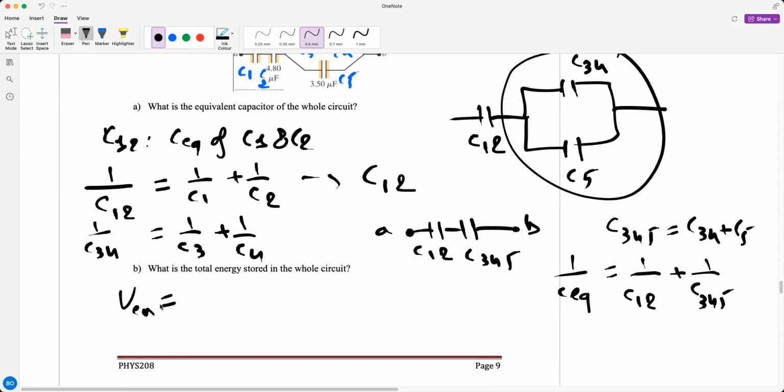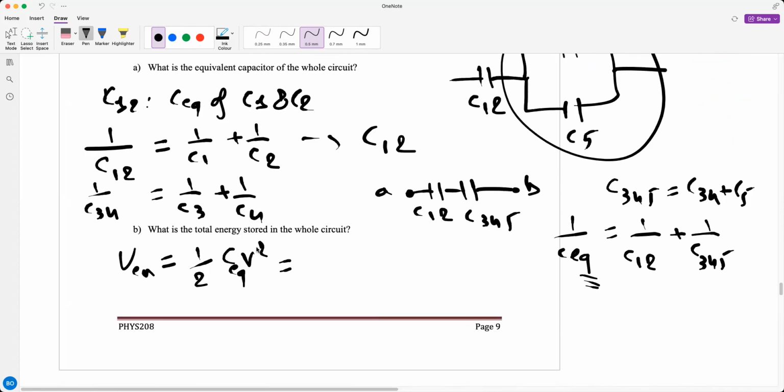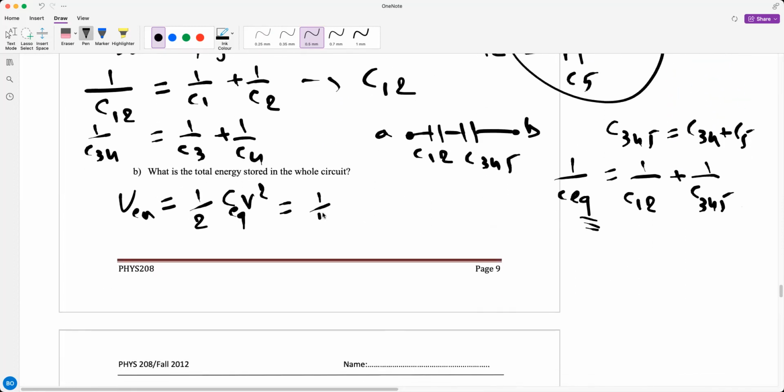There is an equation you taught us in the class. Yes. I already found the equivalent capacitor, and I know that the potential difference is given between A and B, which is 12 volts. So 1/2 the equivalent capacitance times 12 squared.